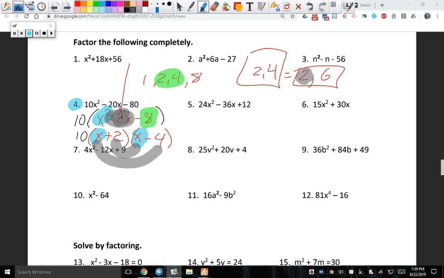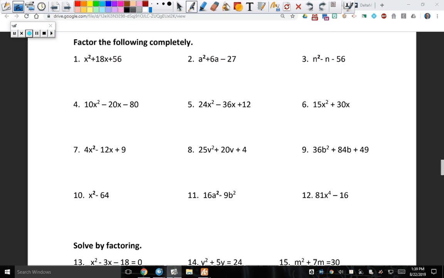All right. Let's do something a little bit more difficult. Should I try GCF? Yeah. So I should pull out a 12. And here we go. So we have 2x squared minus 3x plus 1.